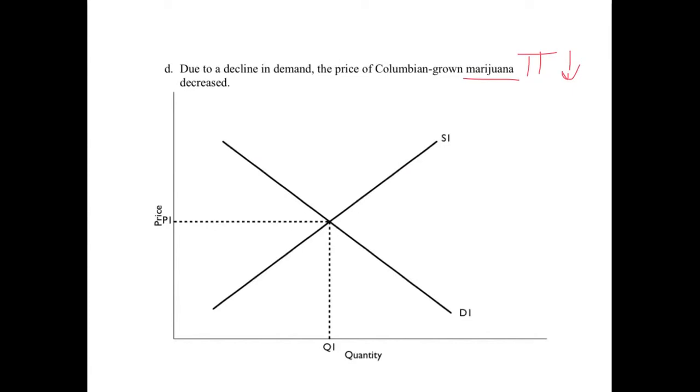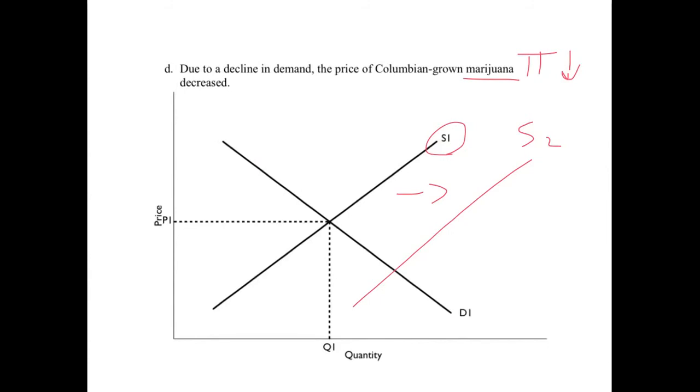And so Colombian farmers will replace their marijuana crops, the land that they would normally use for marijuana. They will replace that with coffee and grow more coffee. And as a result, we will see the supply of coffee increasing from S1 to S2.